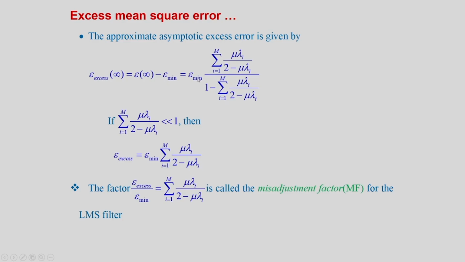It equals epsilon min, the Wiener filter mean square error, multiplied by summation of mu lambda i by 2 minus mu lambda i going from 1 to M, divided by 1 minus summation of mu lambda i divided by 2 minus mu lambda i going from 1 to M.